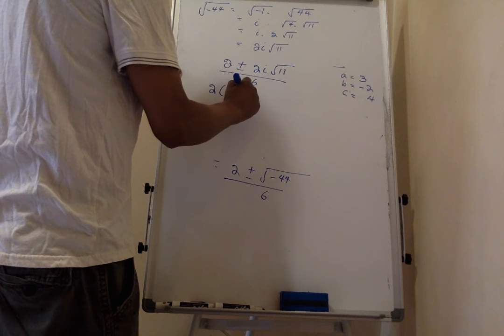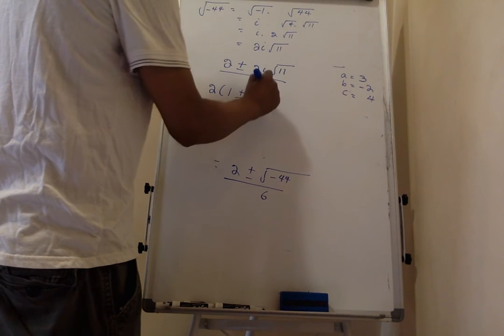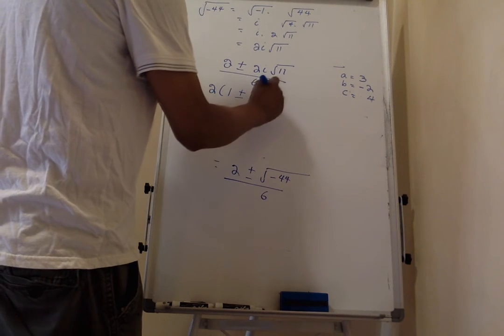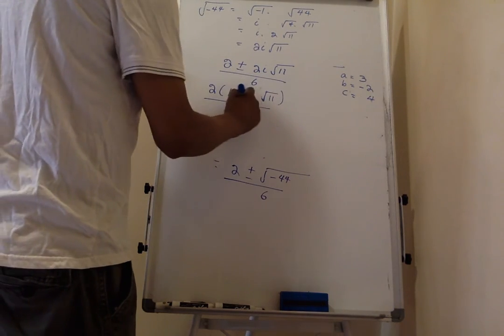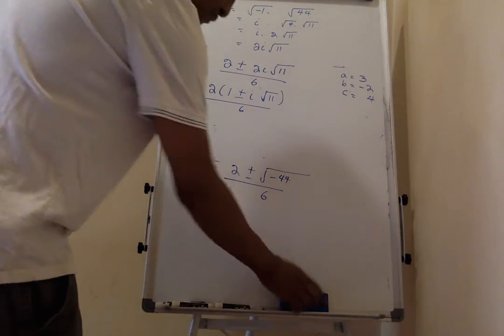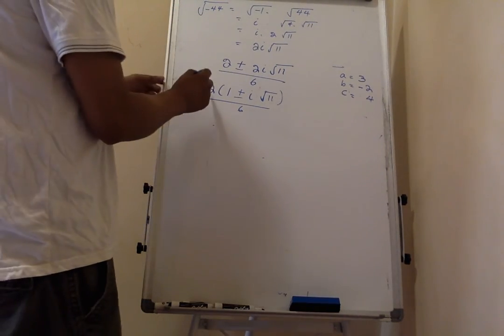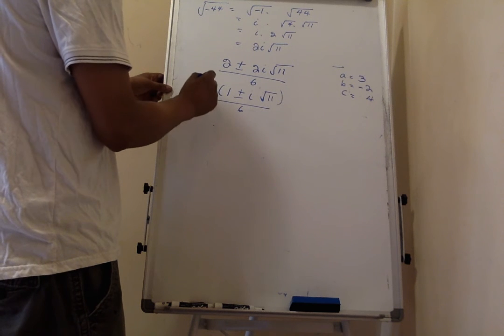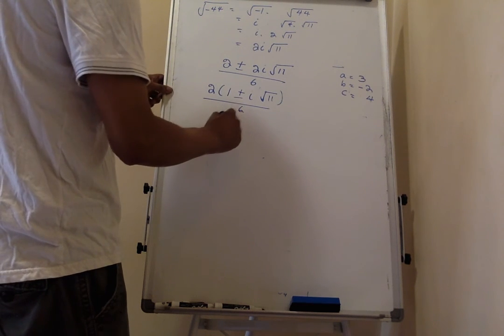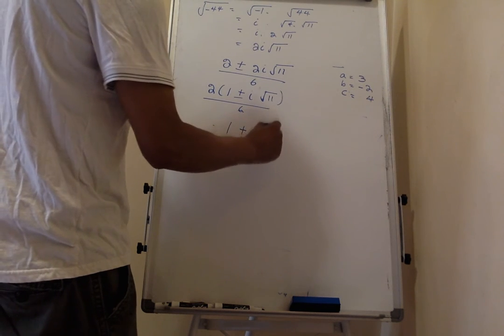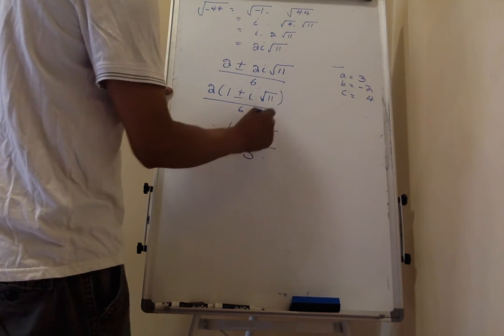Then you have 1 plus or minus i times the square root of 11 over 6. Then go ahead and simplify this. If you simplify this, then your answer will be i times the square root of 11 over 3.